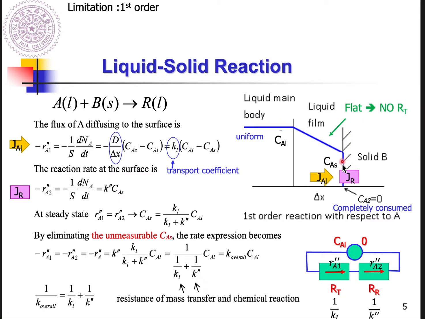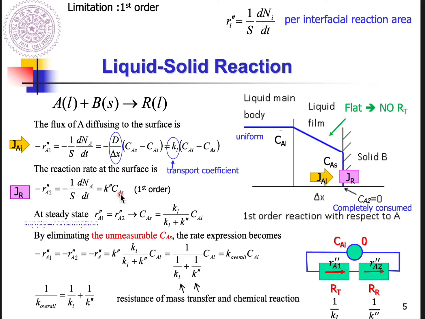So we use per interfacial area, the reaction area. We assume it is a first order reaction, so k double prime times CAS, because the concentration at the surface of a solid bead is CAS.